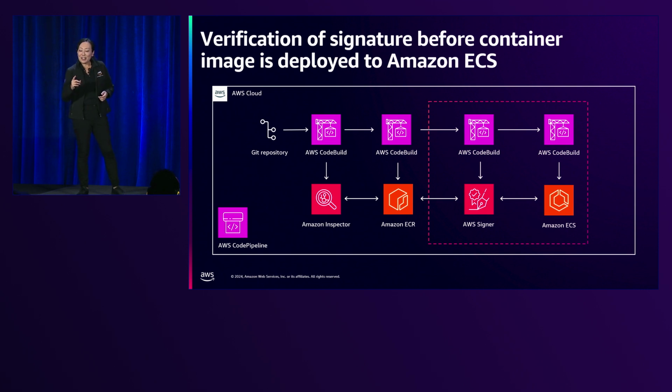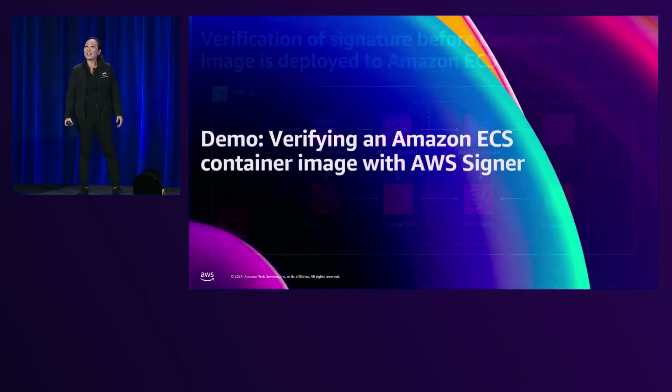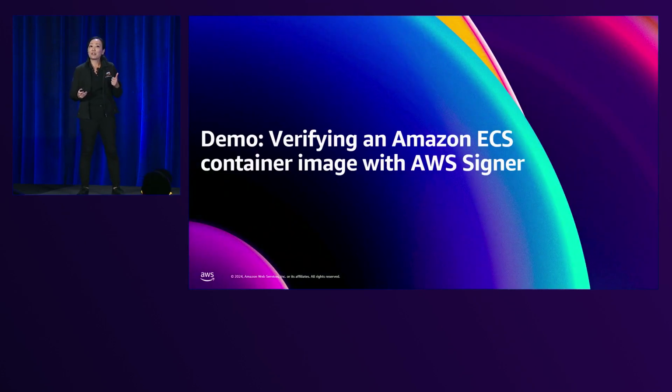All right, so you have AWS Signer here, and we're going to sign and verify your container image before it gets deployed into ECS. If there is no signature or it hasn't been verified, then your whole pipeline will fail, therefore it won't even get to ECS. Okay, so let's take a look at the demo of what this looks like end to end.